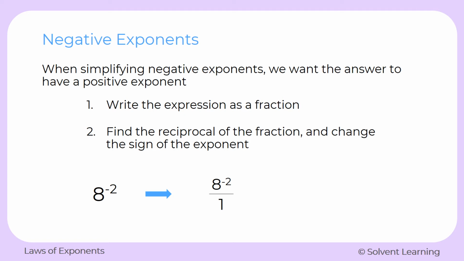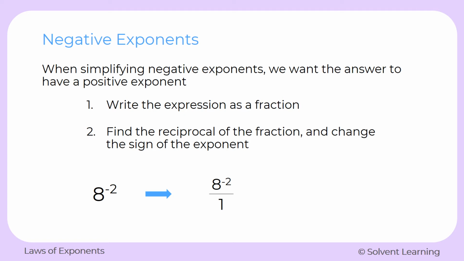So instead of having 8 raised to negative 2 over 1, we're going to flip it, and it will be 1 at the numerator and then the exponent part as the denominator. The second part of this step is to change the sign of that exponent though. Instead of having a negative 2, we're going to make it a positive 2.